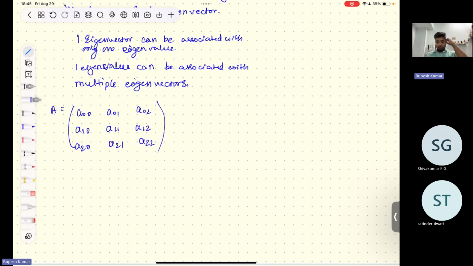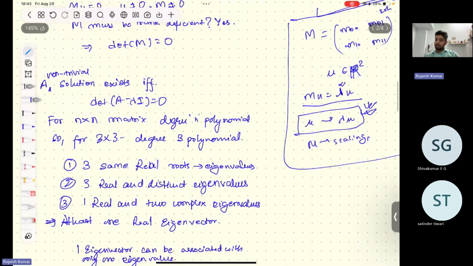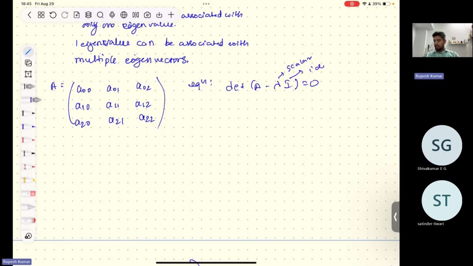And now let's look at this equation, right? This is the important equation. Equation 1 says that determinant of A minus lambda I equals 0, where lambda is a scalar, I is an identity matrix, right?